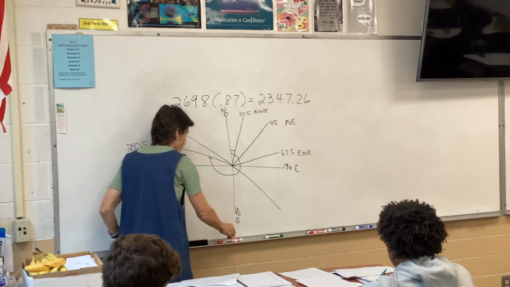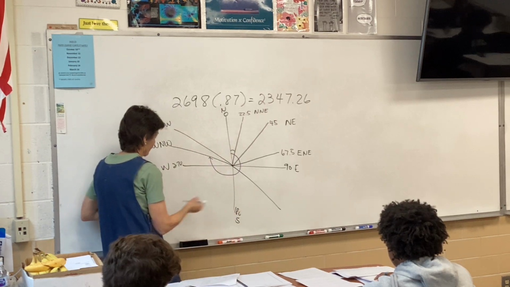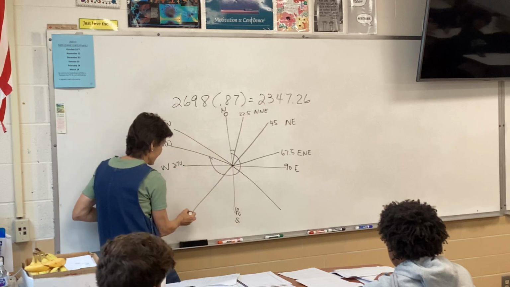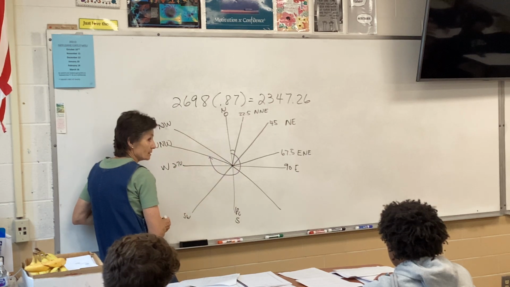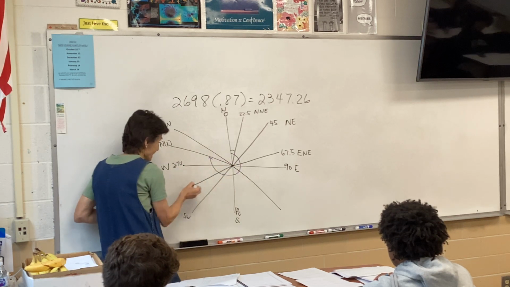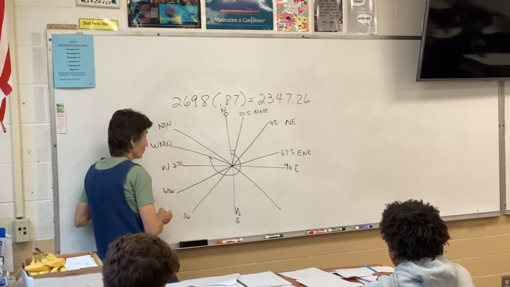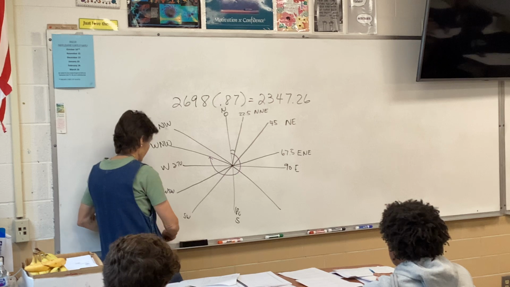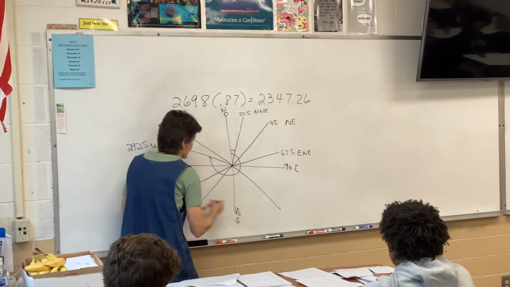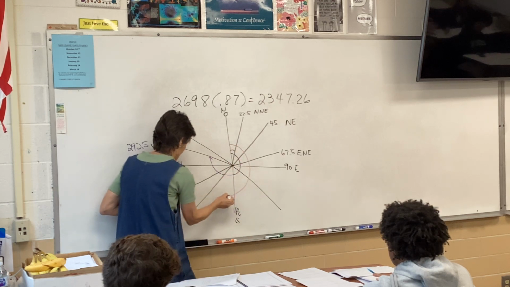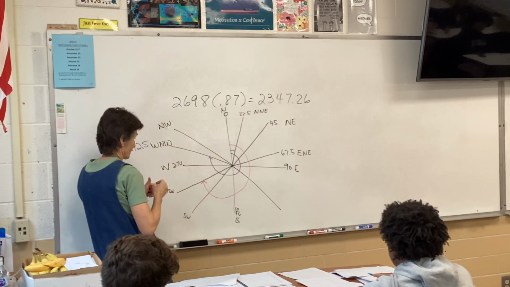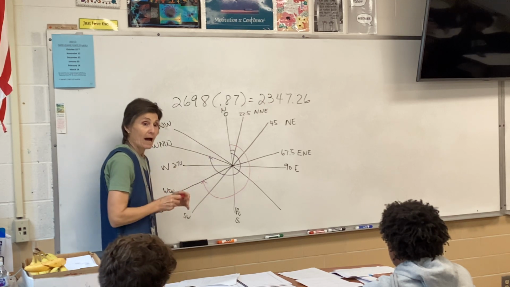And west-southwest, now I don't have that one marked. This would be southwest. And then west-southwest would be here. So what would be that angle for west-southwest? 247.5.